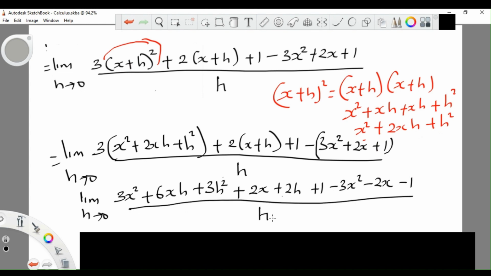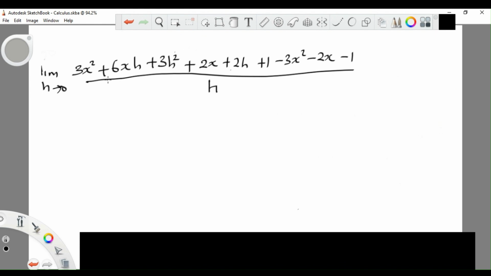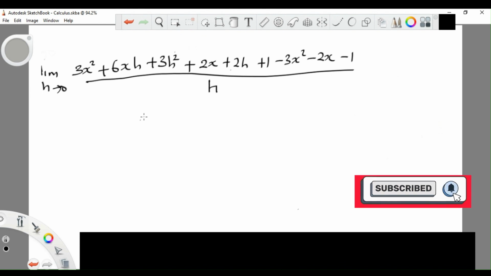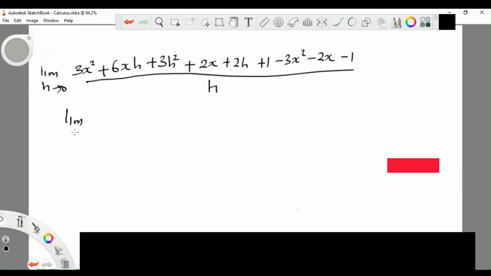So over h. The next step now is to further simplify the numerator by grouping the like terms. As you can see, we have 3x squared here, we have 3x squared here, we have plus 2x, we have minus 2x. So we have to group the like terms. So we have the limit as h tends to 0. We have 3x squared minus 3x squared. This is called grouping. Then we have plus 2x minus 2x.